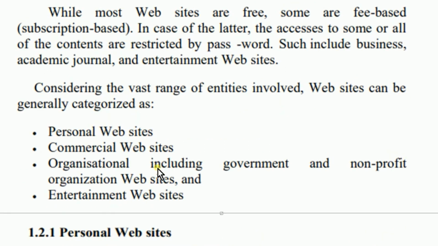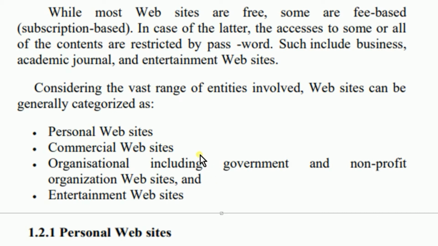Considering the vast range of entities involved, websites can generally be categorized as personal websites, commercial websites, organizational websites, that is including government and non-profit organization websites, and entertainment websites. In a general way, we can classify websites in this way.